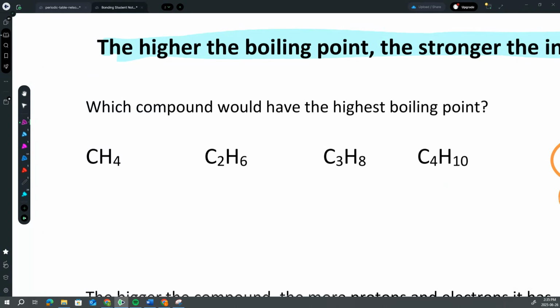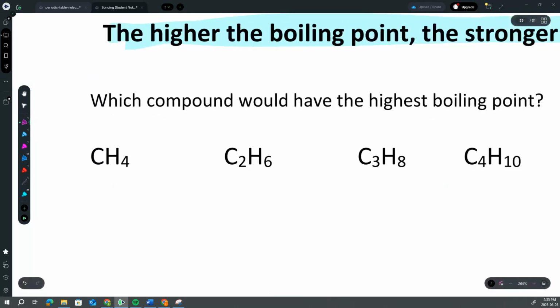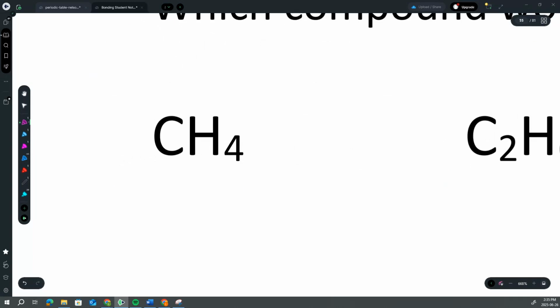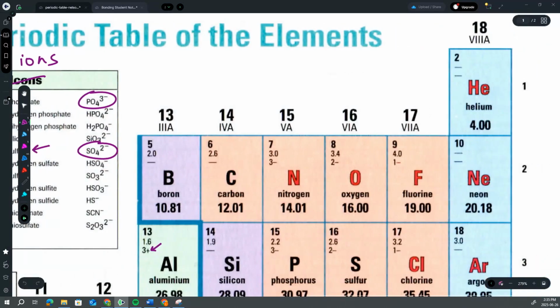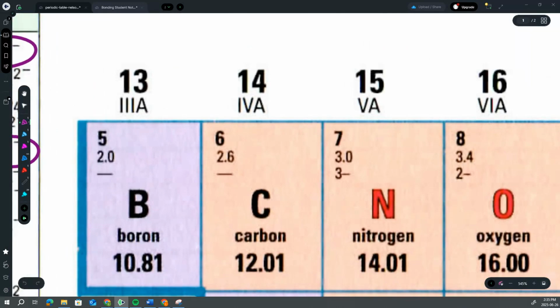Now, since London forces are the attraction between the positive nucleus of one compound and the negative electrons on another compound, we want to figure out how many protons each of these has. If I look at methane, the first one, I take a look at my periodic table. To figure out how many protons carbon has, I look at the atomic number.